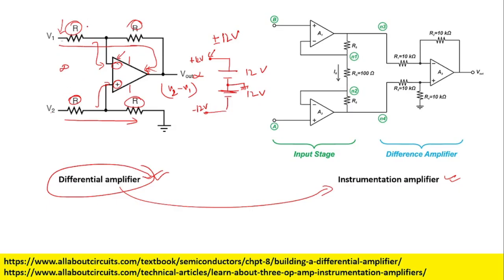In comparison to that, whatever you put is finite, so the current will flow through the finite current flow path. So it has a low input impedance.